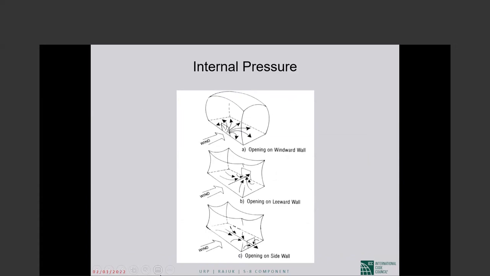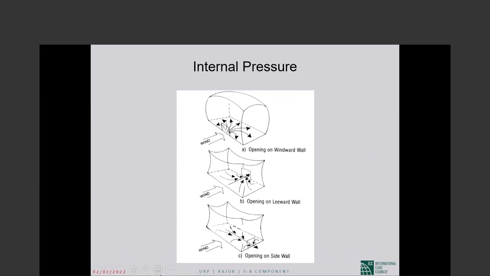So far we have been talking about external pressure on our building. When we are designing an entire building, that is typically our concern, the external pressure due to wind.